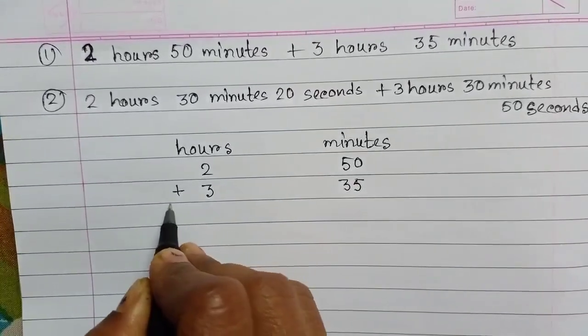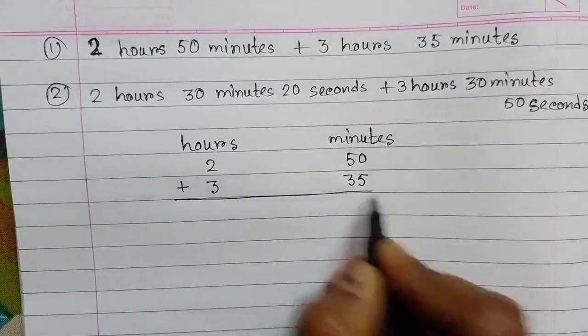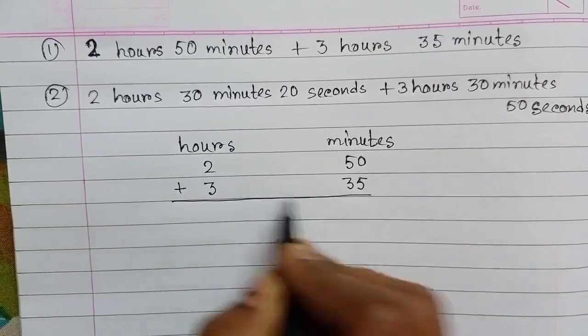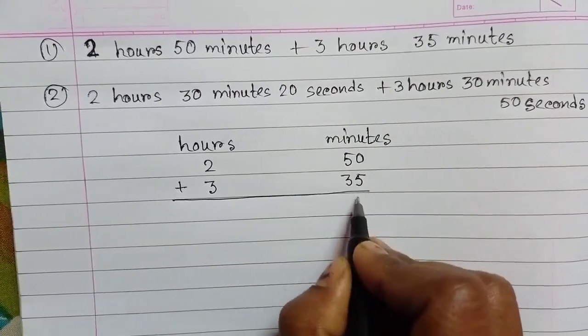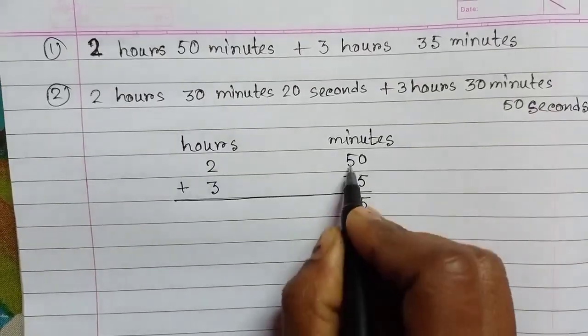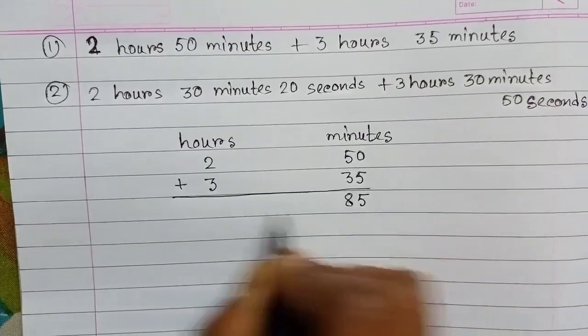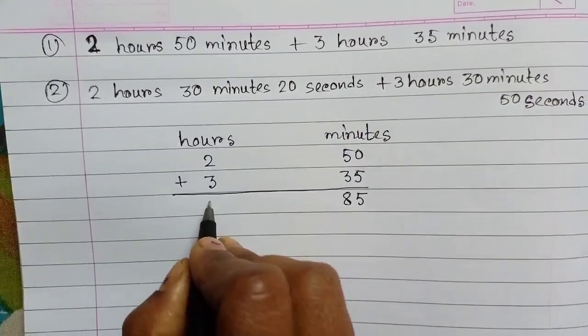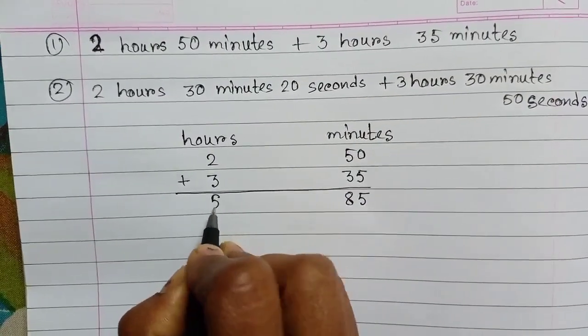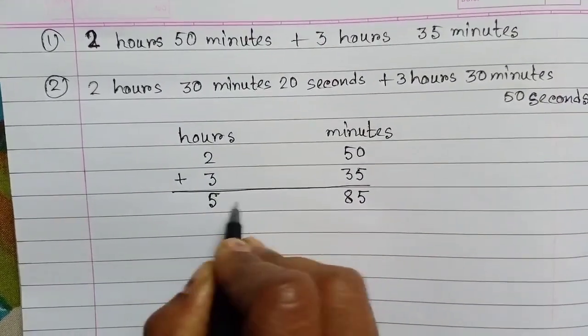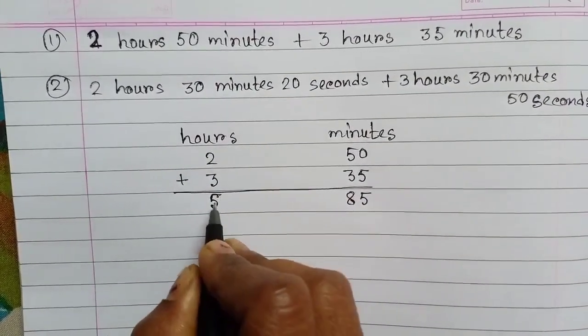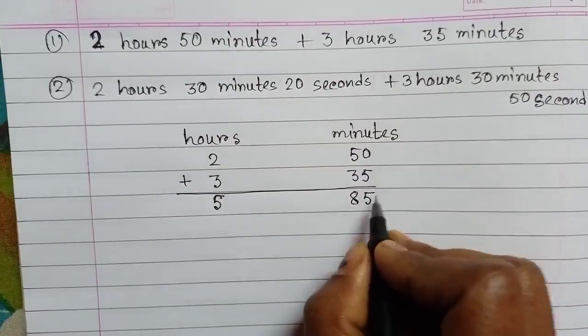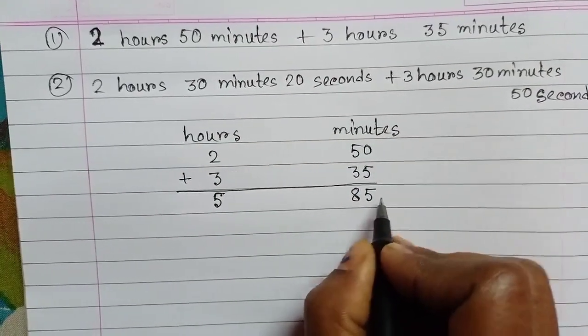At first we have to add these numbers as usual. So 5 plus 0 is 5, 3 plus 5 is 8, here 3 plus 2 is 5. So here we get 5 hours 85 minutes.